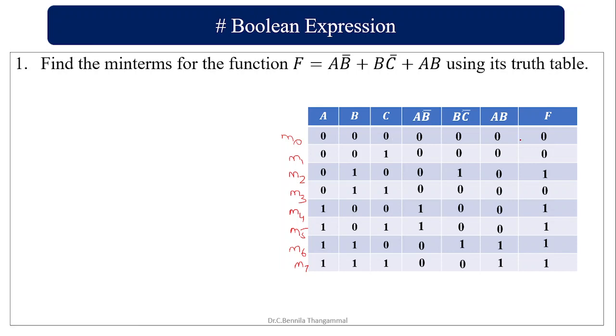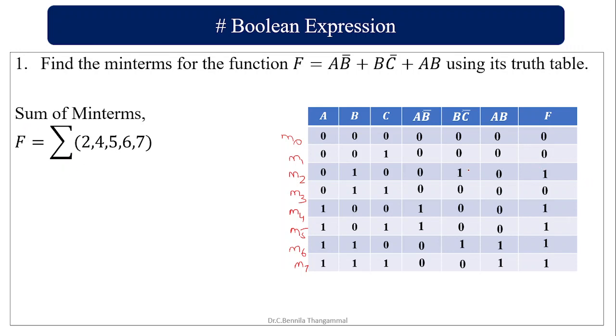The function f which has the value 1 is called a min term. So this one is going to have the min term. What is the value here? M2. And this is min term M4, and this is M5, M6 and M7. So I can write the sum of min terms as a summation. You have to put it in the summation. The summation tells you it's going to be a sum of min terms or sum of products.